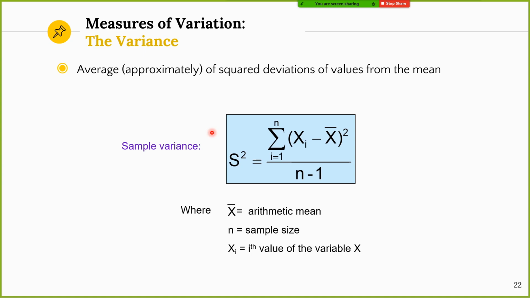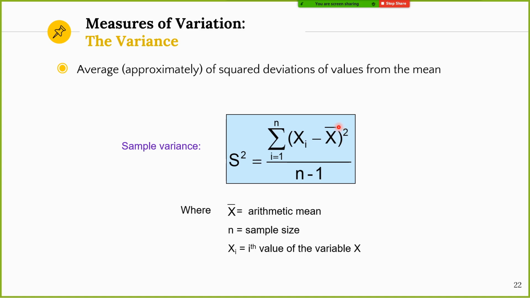Let's continue first. We have this sigma. Sigma is the sum of all of this. If you have so many data, you calculate this one. You have the X data, let's say 1, 2, 3, 4, 5, and so on. You also need to calculate the mean, and divide by the sample size that you have, minus 1.